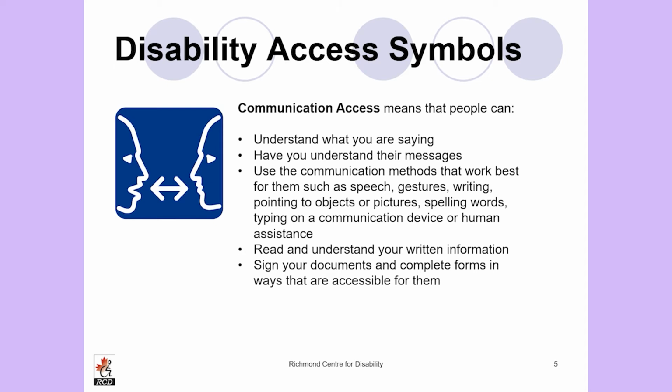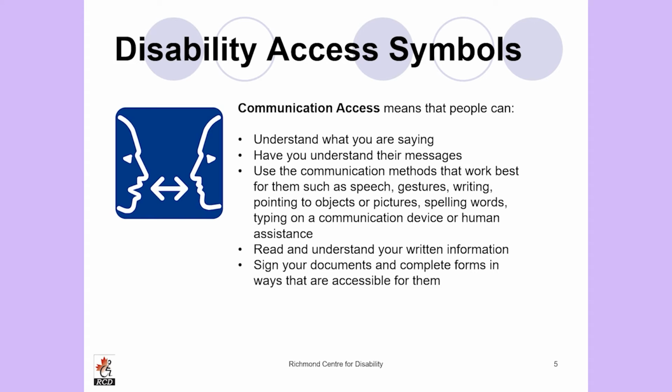Sometimes, of course, when we use this access symbol, we may be interacting with a person with a barrier in communication. So how can we make the communication work? So we use the communication method that works best for them, such as speech, gesture, writing, pointing to objects or pictures, spelling words, typing on a communication device, or human assistance.